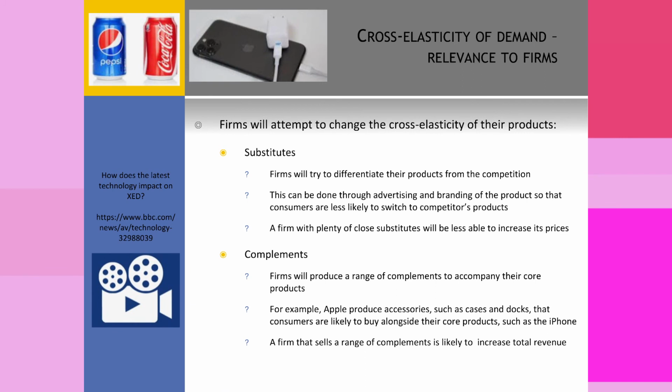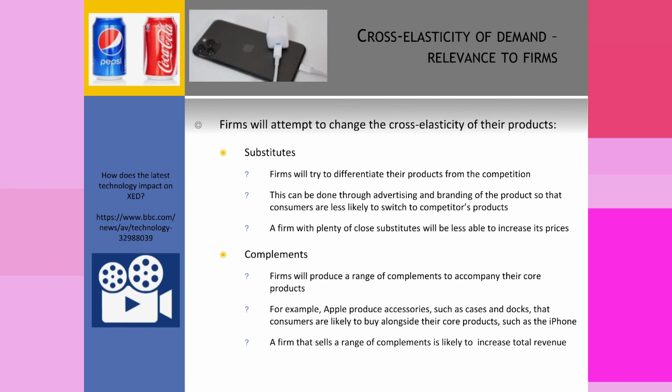So looking at cross-elasticity relevant to the business, they will first attempt to change the cross-elasticity of their products. So substitutes, that is where businesses want to differentiate their products from competition. What makes them unique? How could they stand out in the market? Because this is going to help increase their sales, which overall will increase their total revenue.